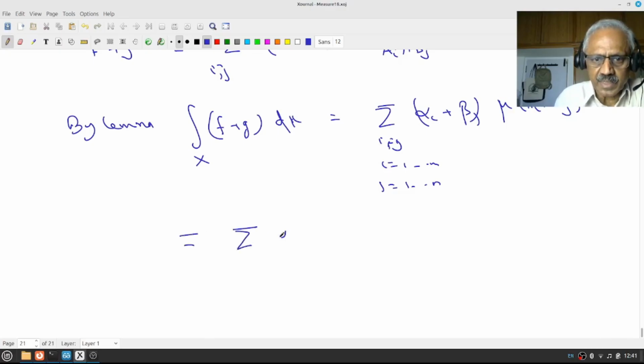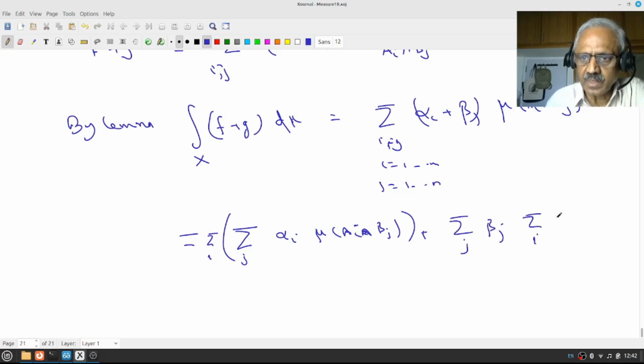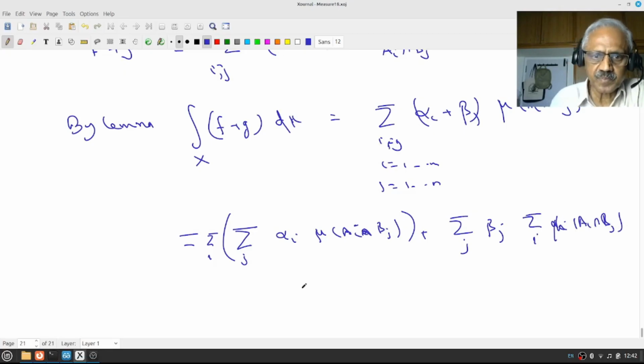Let me take alpha_i into mu of A_i intersection B_j, and let me run this over j, and then over i. Are you following? Plus a similar thing I do with j. I take beta_j and sum over i of mu of A_i intersection B_j.